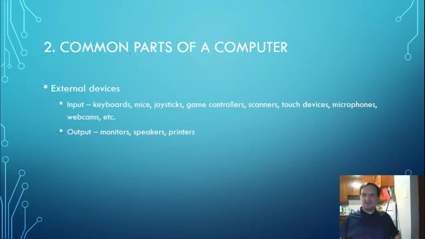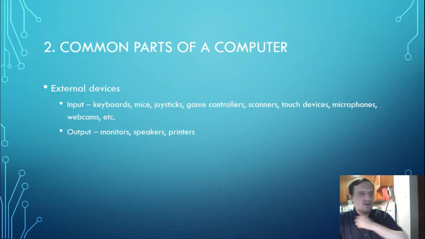Output: there are three main outputs for a computer. Monitors, which is what you see, visual displays. Speakers. I don't have any speakers here because one of my displays has the speakers built in. And printers.